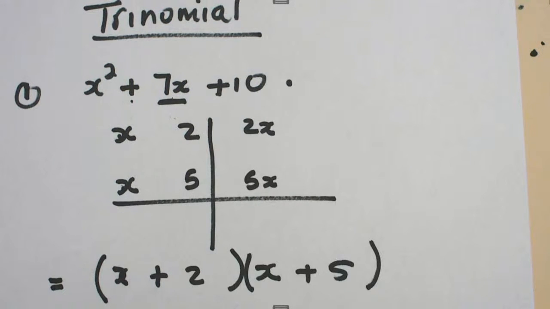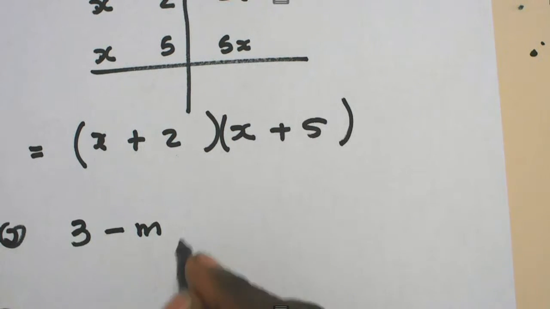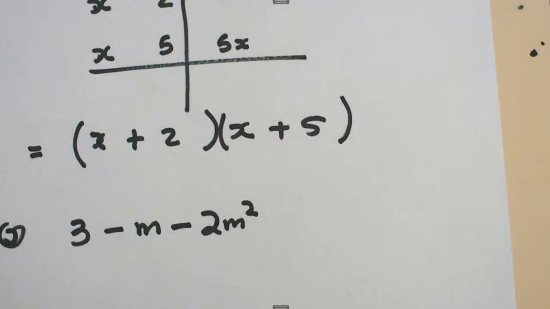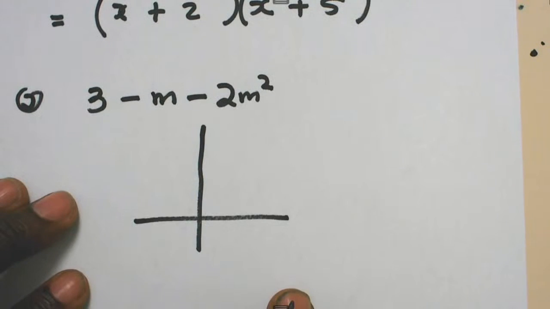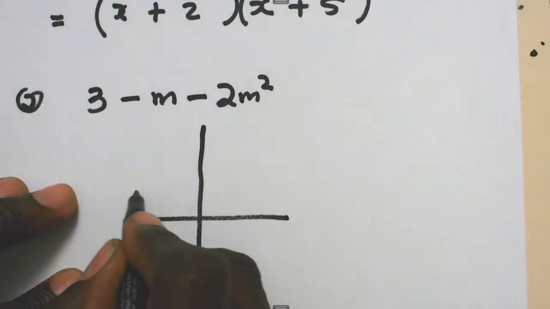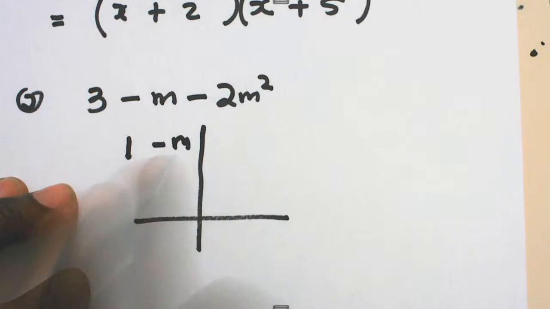3 minus m minus 2m squared. The same way again, have the table. Then the factors of m: 3 is 1 minus m multiplied by that.